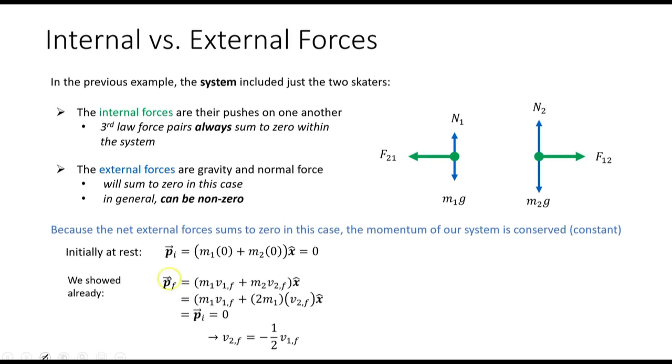So we can use that to find the final velocity of skater 2 in terms of the velocity of skater 1, because the final momentum is going to be m1 v1 final plus m2 v2 final. Then we remember that m2 is really 2 times m1, and all we have to do is set it equal to our initial momentum, which was 0, and we can solve directly for v2 final. It's minus 1/2 v1 final. And that's it for this problem.